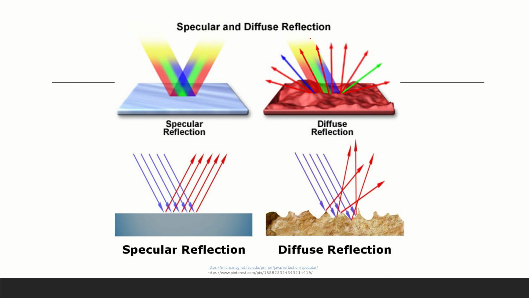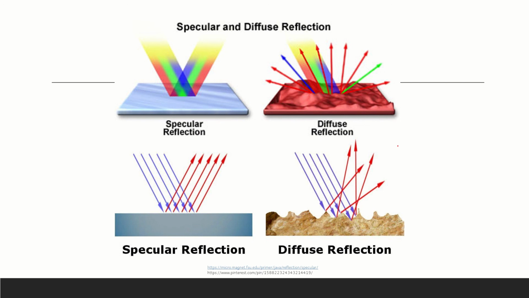But in diffuse reflection, depending upon the roughness, for each ray the angle of incidence and the angle of reflection is different. Here you can see that for this ray, this is the incident ray and this is the reflected ray.